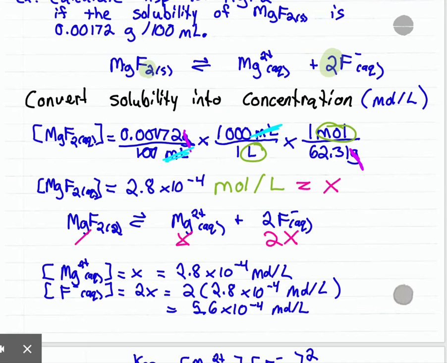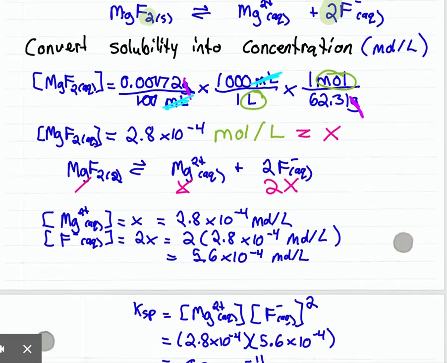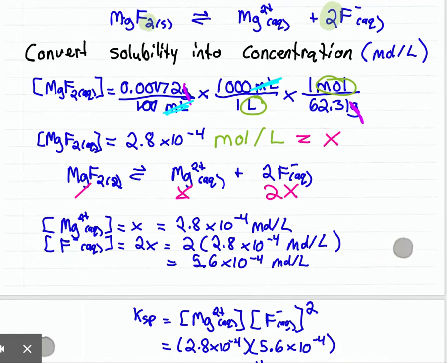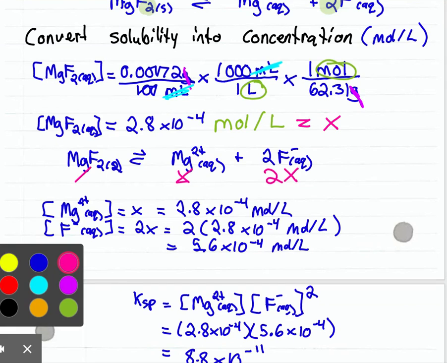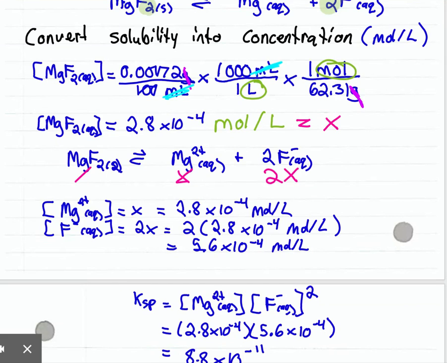And so now you have the concentrations of your ions. So you've just calculated those. You can then just put them in a KSP. Now, remember a couple things with our KSP. It's basically just K equilibrium.